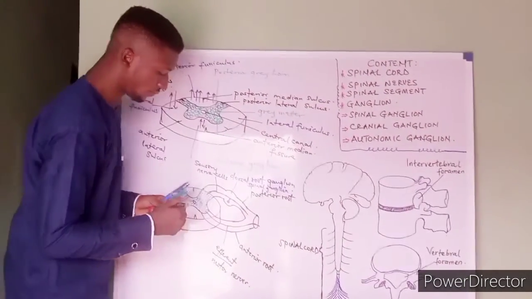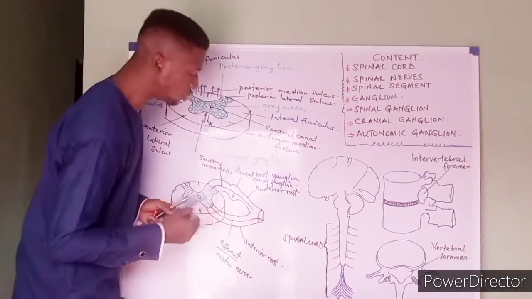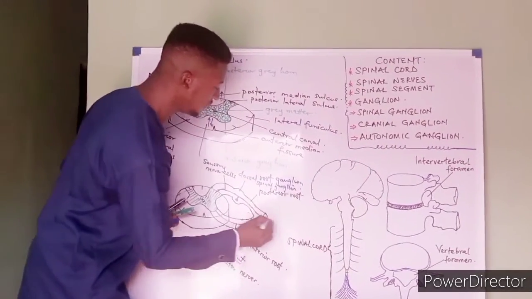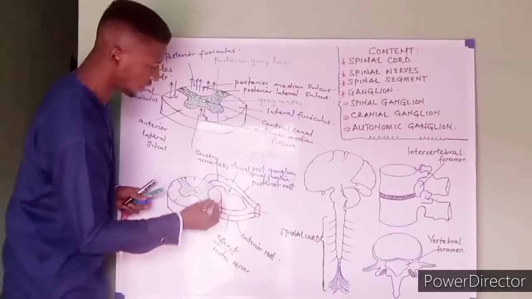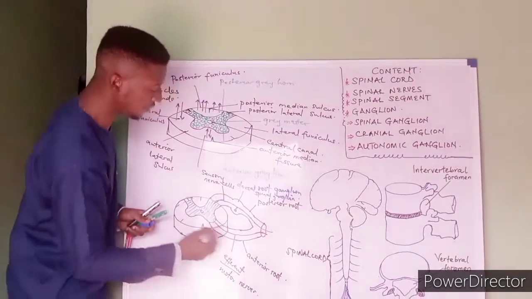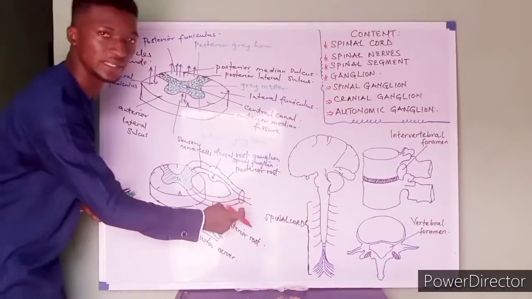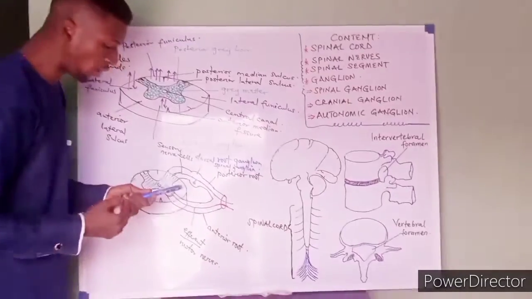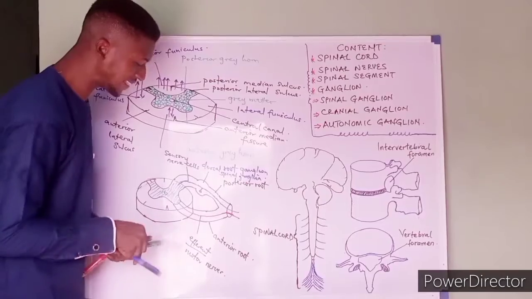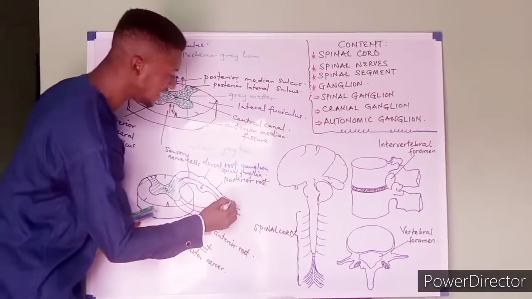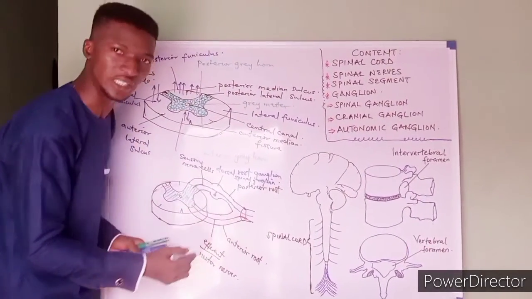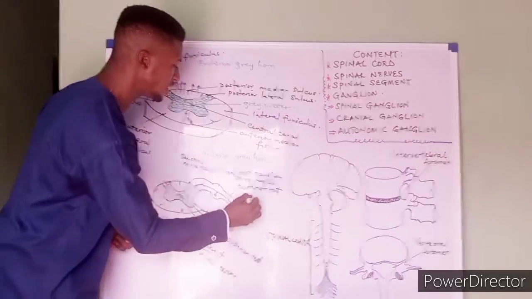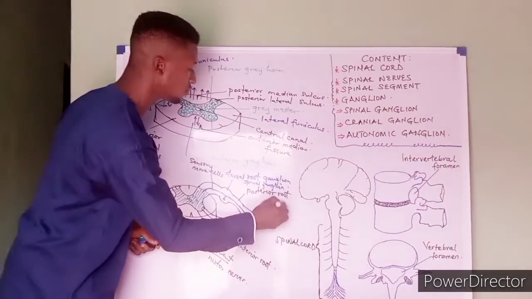this particular nerves, the one entering and the one leaving, they both meet at a junction. This junction, where they meet and are connected as a what? As a single cell body, is called the spinal nerve.